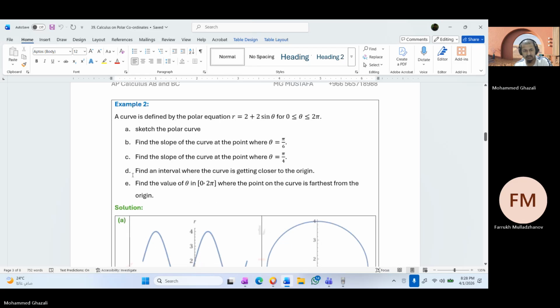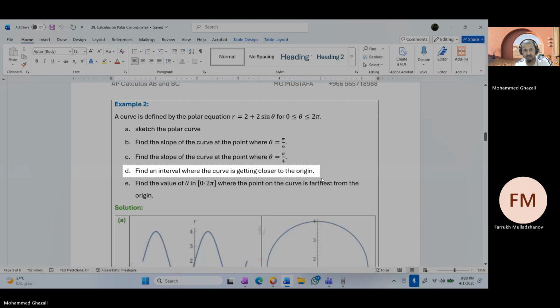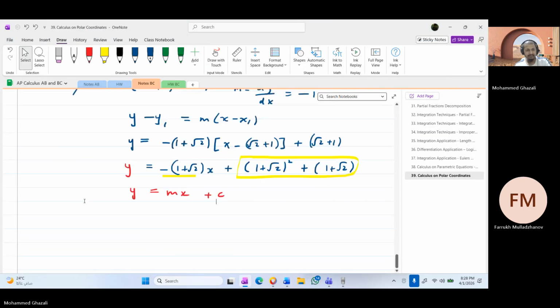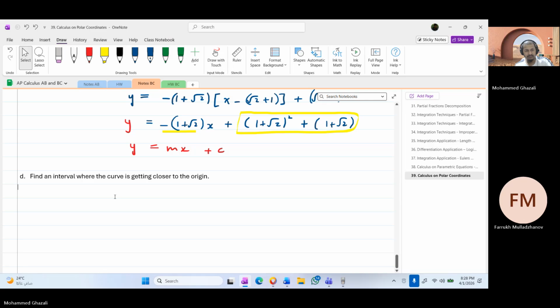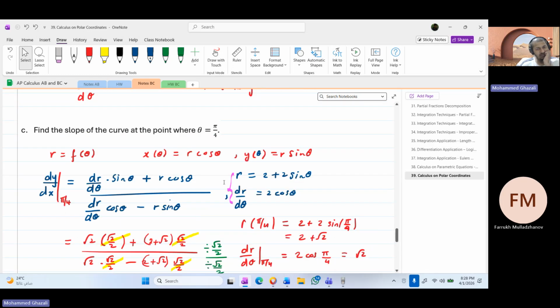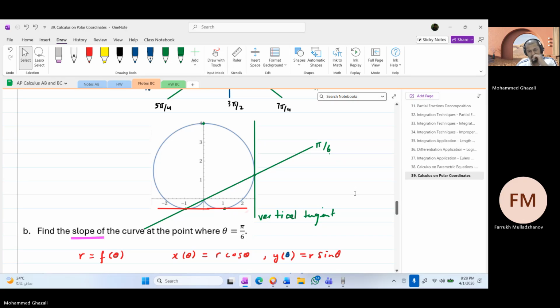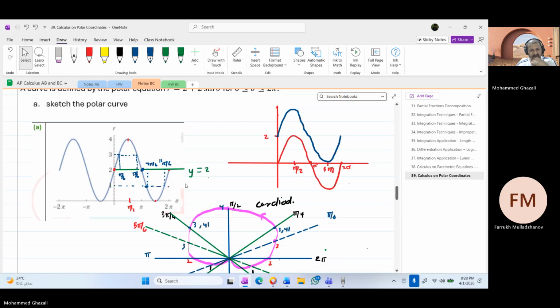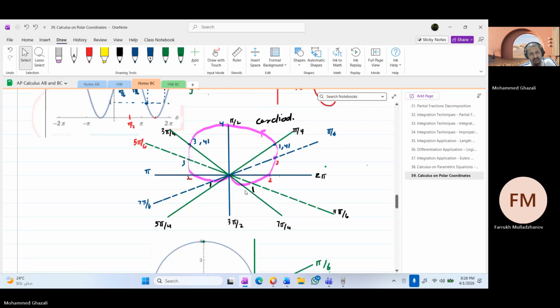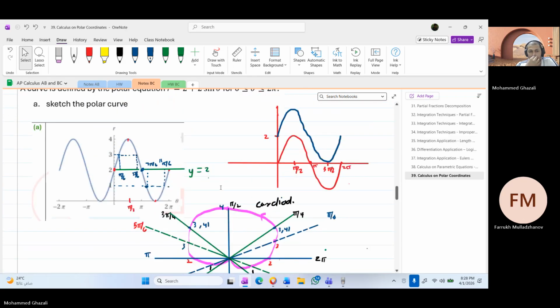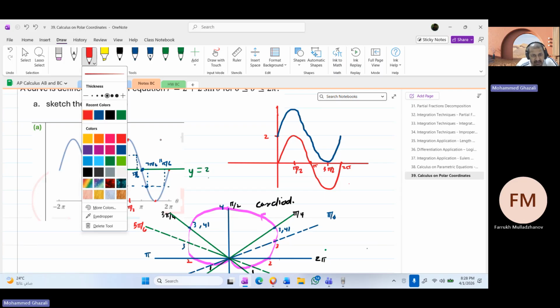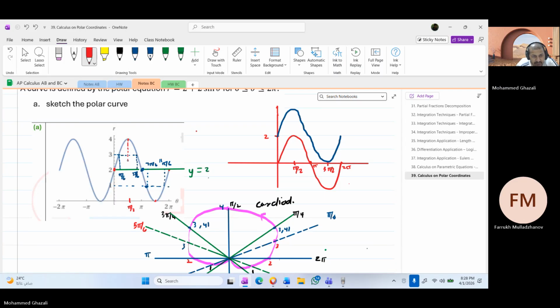Next question. Find an interval where the curve is getting closer to the origin. When is a curve getting closer to the origin? Look on the graph. You're getting closer to 0. Look here.